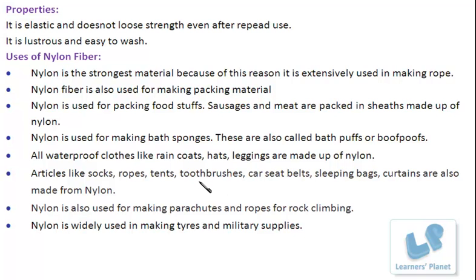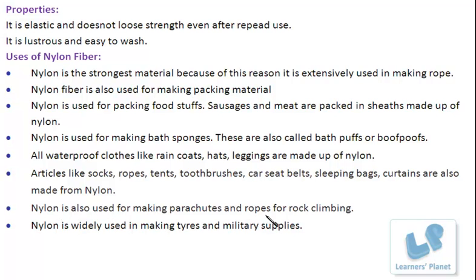So cords, fabrics, ropes, they are all made from different types of nylons. Otherwise there will be a question over here that toothbrush bristle is very hard, socks are very soft. So nylon is mixed with some other fiber, depending on the usage.